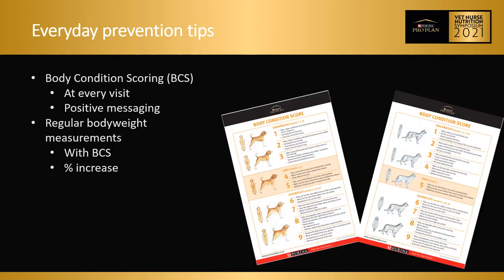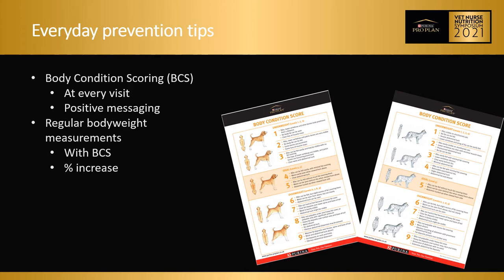Body condition scoring is, as we've said, the most widely accepted clinical tool, so we should be really utilising this on a day-to-day basis with every pet at every visit, and be included in every single clinical exam. With that, we should be really trying to create a real positive body image around ideal body weights and conditions, and really the benefits of being a healthy weight should be part of our day-to-day conversations to really increase that awareness on a very consistent basis as well.